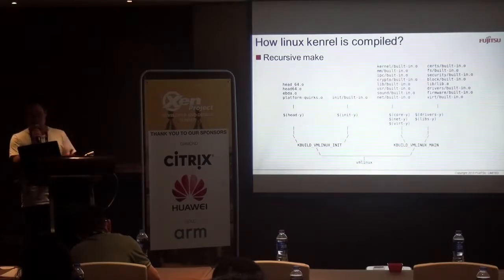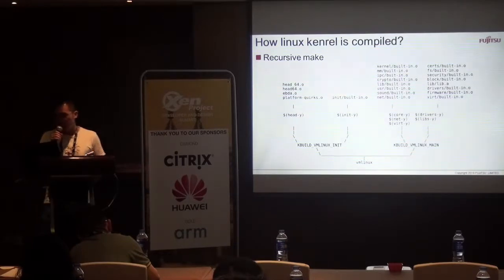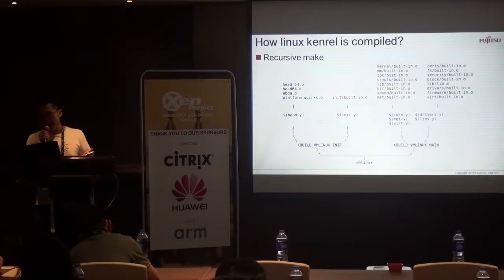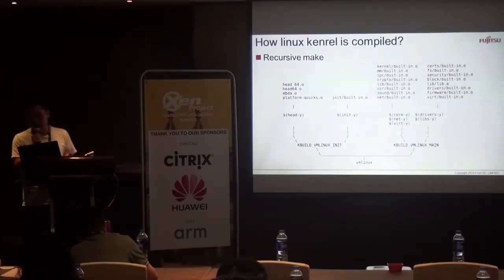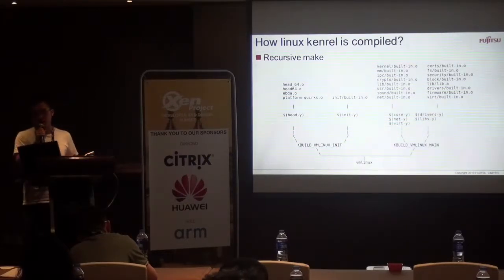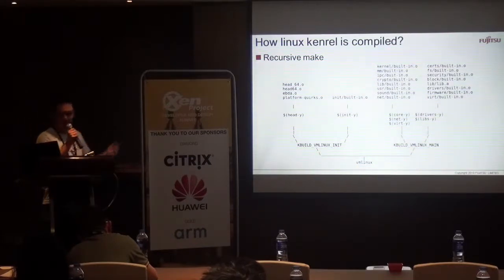This approach is called recursive make, because the top-level makefile invokes make recursively on each component's makefile. Recursive make is a common technique for handling component-wise builds. So does the Linux kernel, and also Xen.